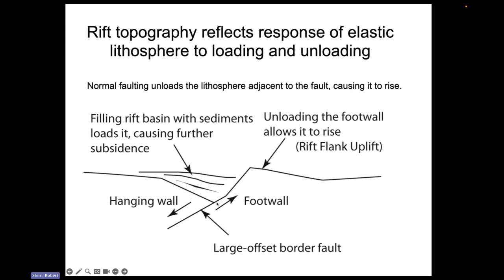Here we've got a large fault that's localizing extension under here. And that's sort of releasing some of the weight, because sediments are less dense than crystalline rocks, and you get an isostatic response, which allows the footwall to rise and make the rift flank uplift. Okay. Any questions about that?